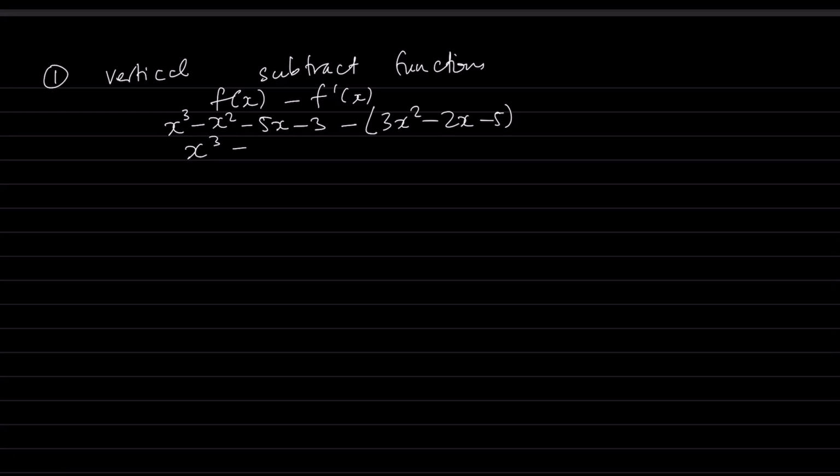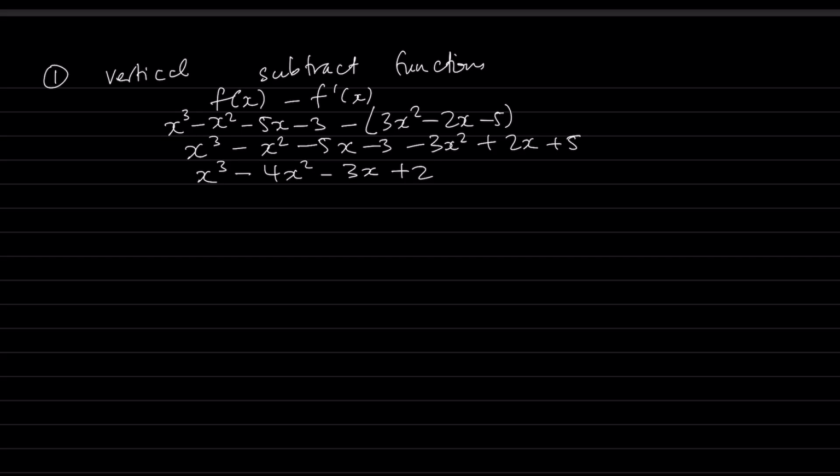That's x to the power of 3 minus x squared minus 5x minus 3 minus 3x squared plus 2x plus 5. Let's simplify again. So we're going to get x to the power of 3, then minus 4x squared, then minus 3x, and then plus 2. So that represents the distance.